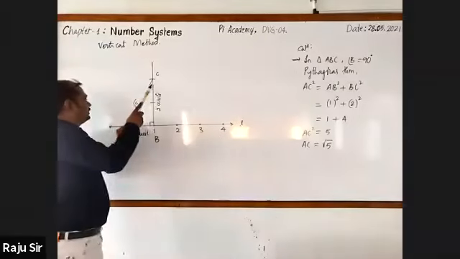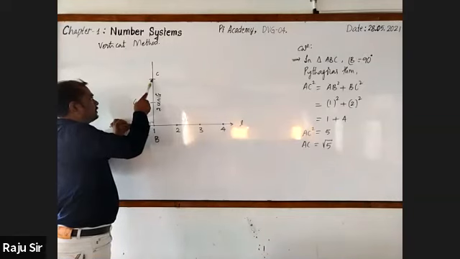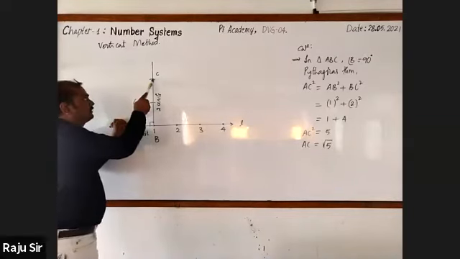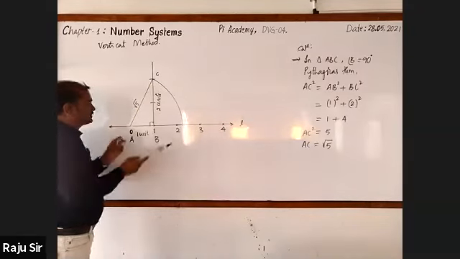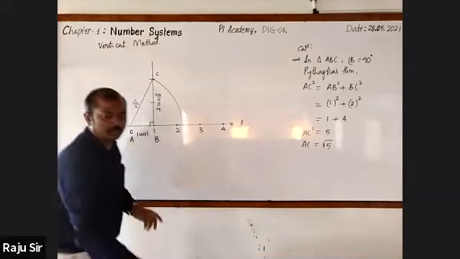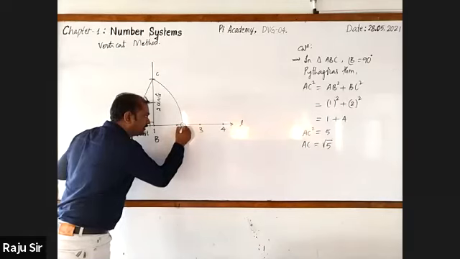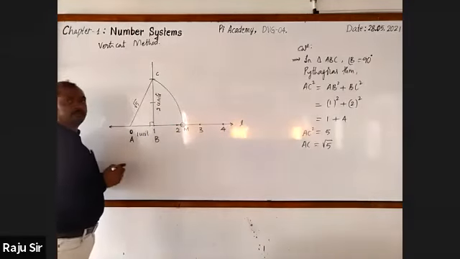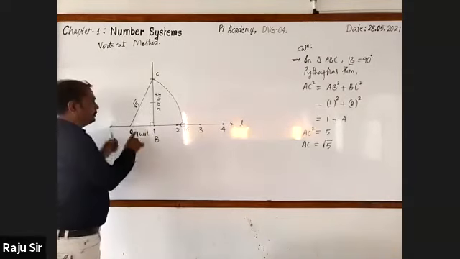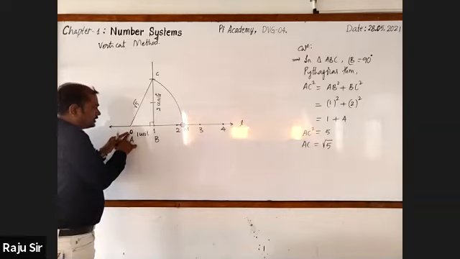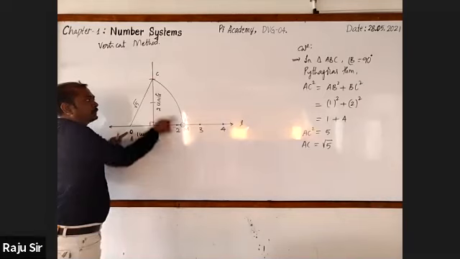Therefore, you take the distance of AC using compasses and draw an arc which comes after 2. You mark this point, encircle it and call it M, where M represents root 5, because we know that the distance from A to M and A to C are both equal.